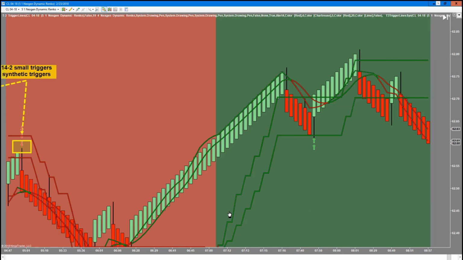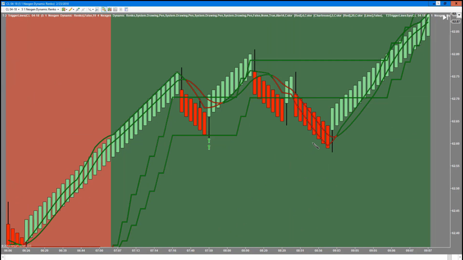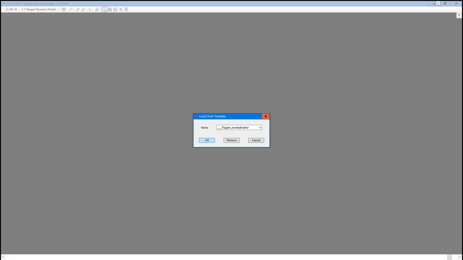However, there are some instances where the small triggers will physically be on the wrong side of our 14-2 triggers, and we'll still do a trade. I'm going to load for you really quickly just the trigger lines and the 14-2 reversal bar marker, so you can start to see how these things come together.